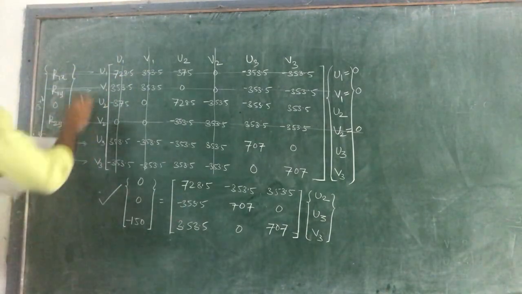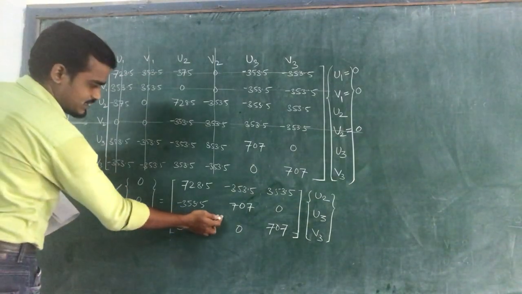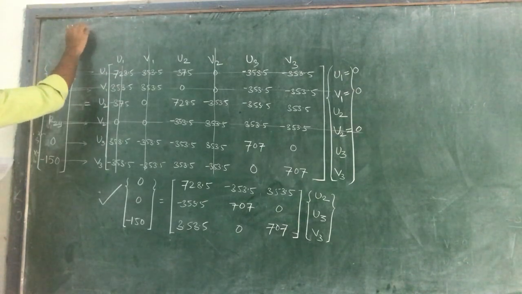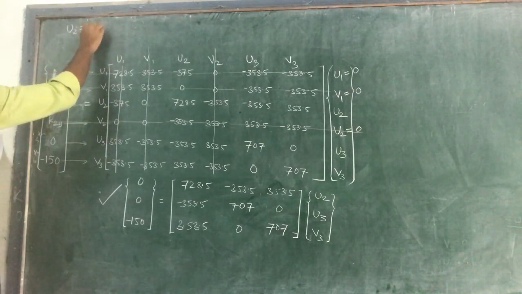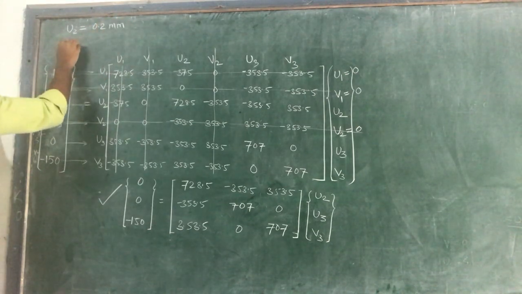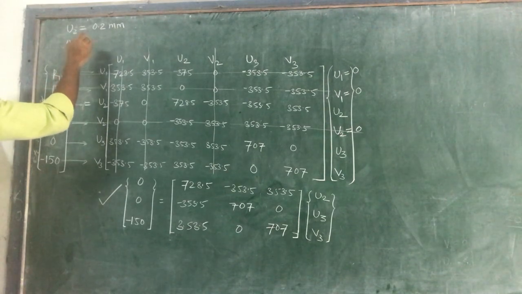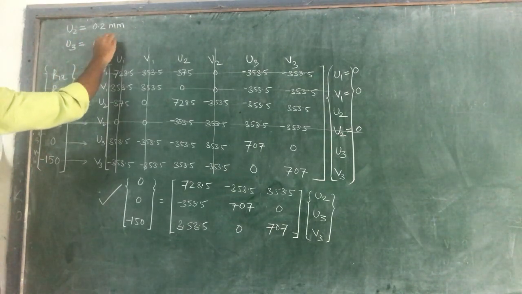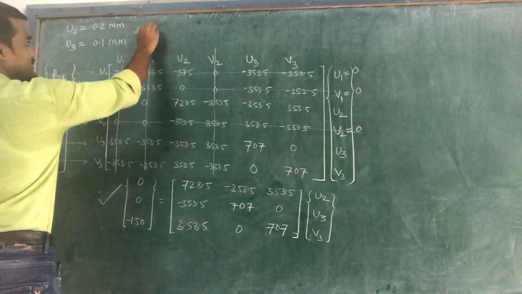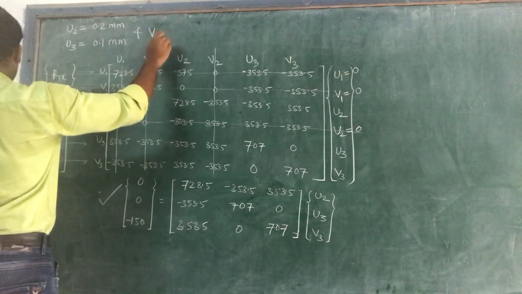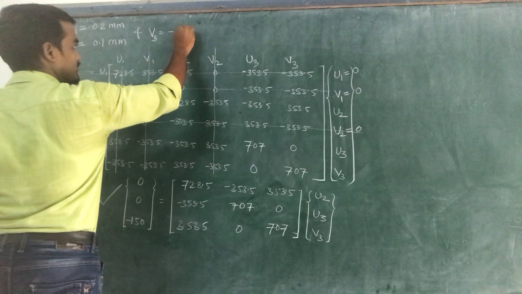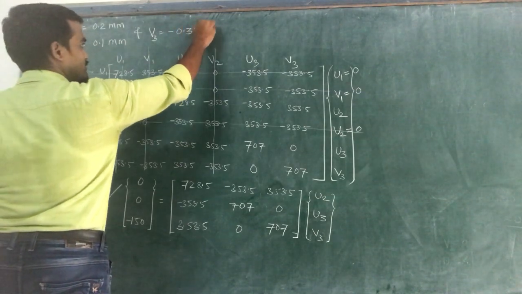By solving these 3 equations in your calculator, you will get u2 equal to 0.2 mm, u3 is equal to 0.1 mm, and v3 is equal to minus 0.312.